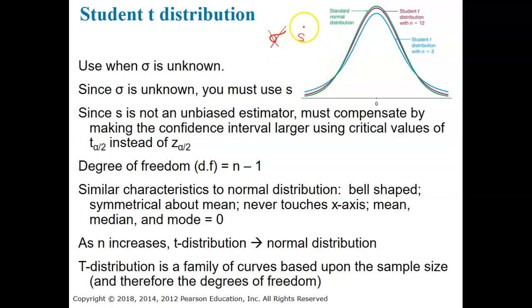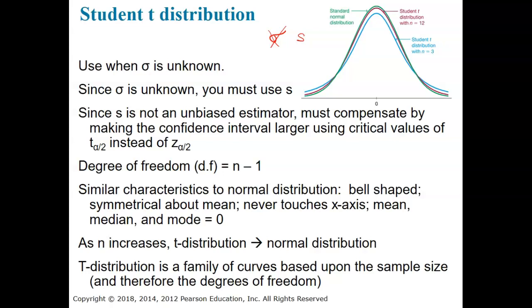And when we use S, if you recall, the sample standard deviation is not one of those three unbiased estimators. Back in section 6.3, we talked about the fact that X bar was an unbiased estimator, that P hat was an unbiased estimator, and that S squared, or the sample variance, was an unbiased estimator.